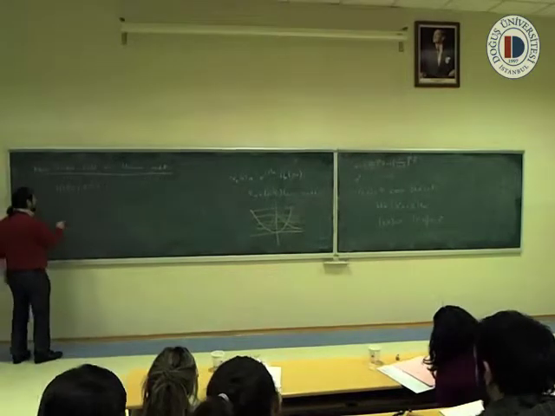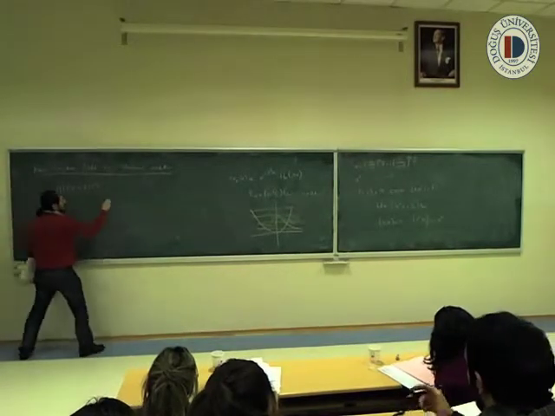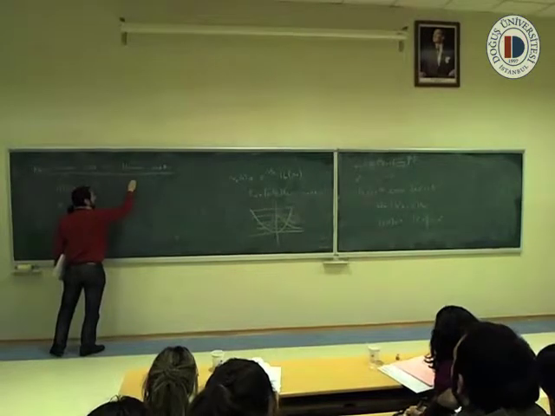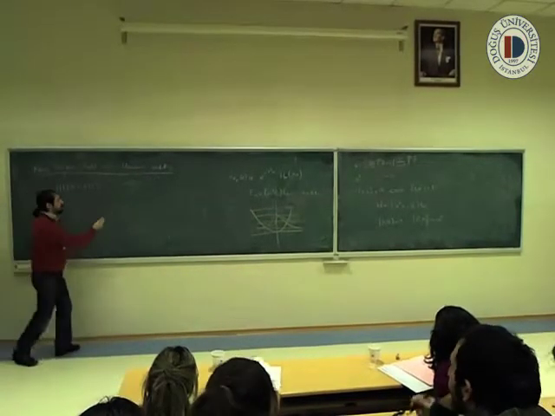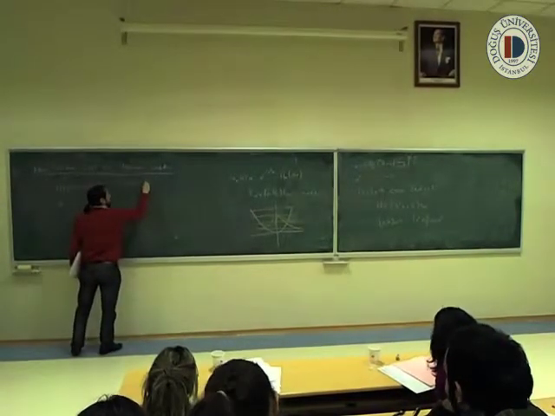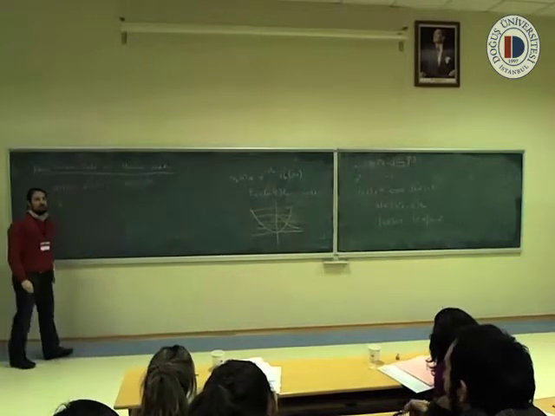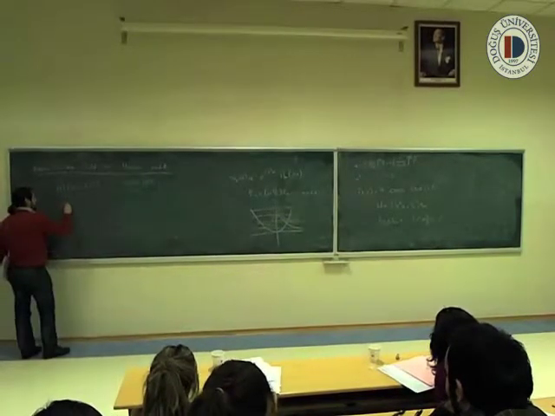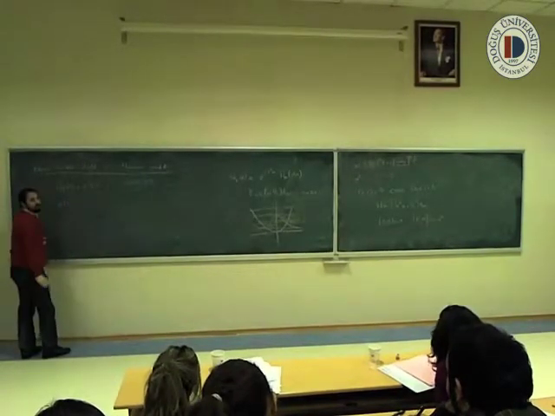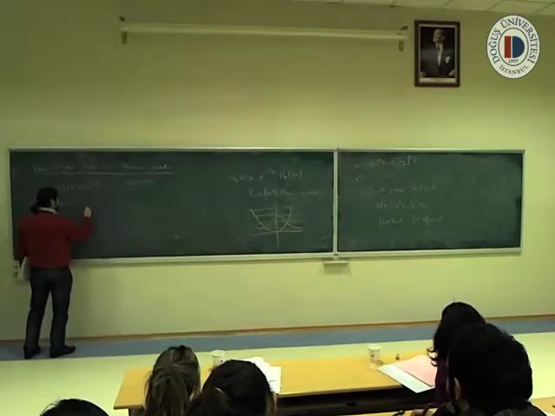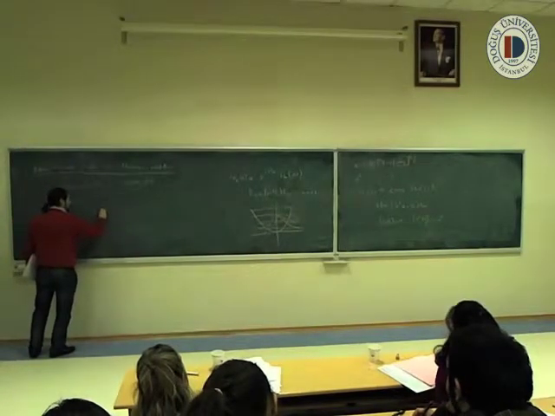So I have this, and let me take the state A acting on epsilon. It is a new state. Let me call it epsilon prime. I don't know what it is, but I can compute it. So this is A acting on epsilon.